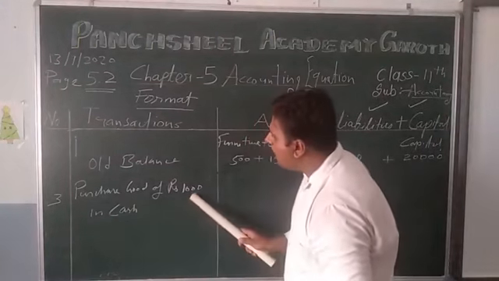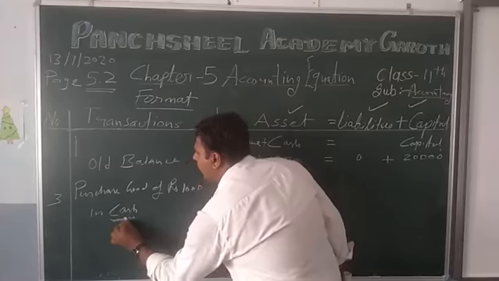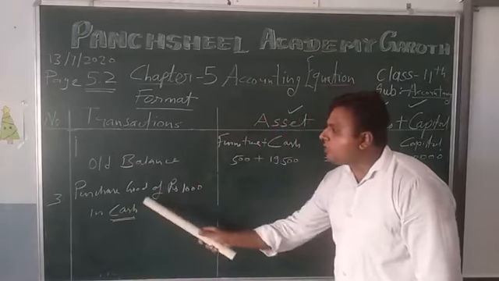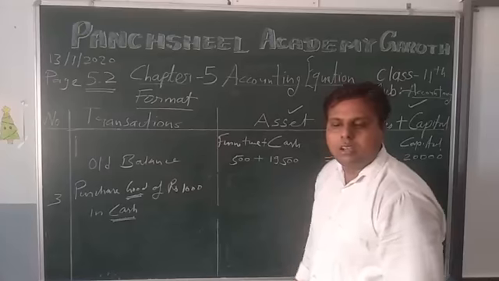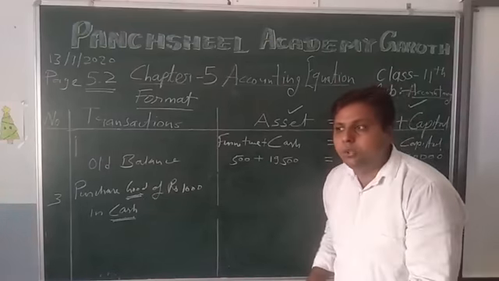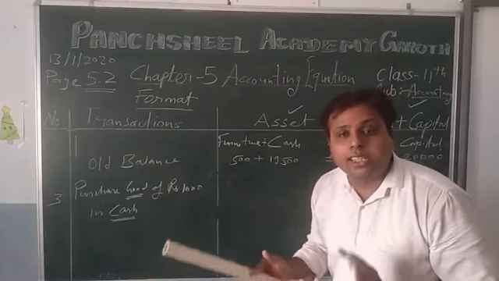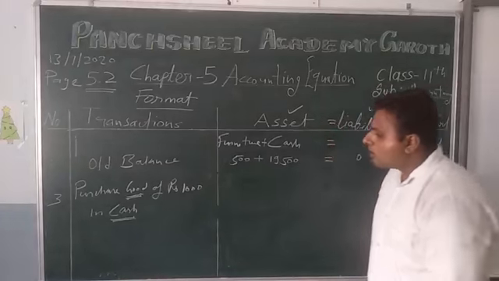Purchase goods of rupees 1,000 in cash. And one thing to be noted: whenever we purchase goods, what are we doing? When we are purchasing goods, that means in our godown, goods stock is increasing.